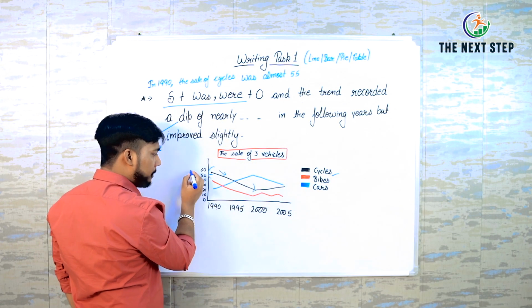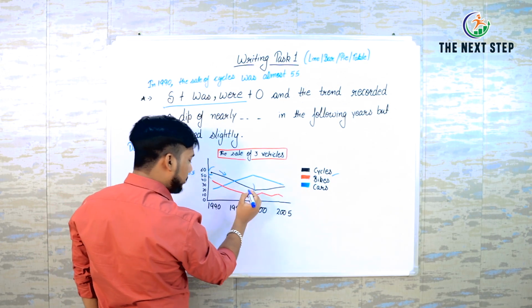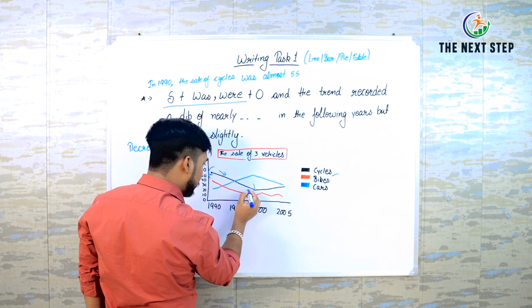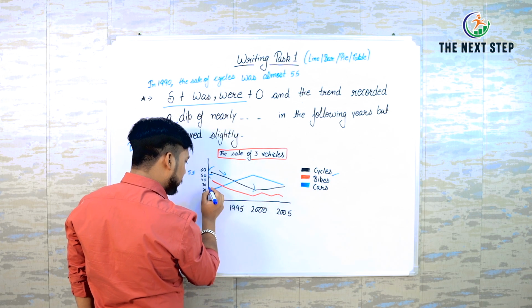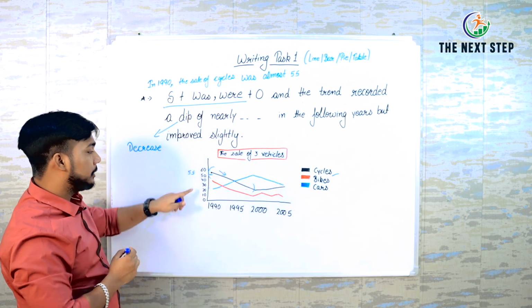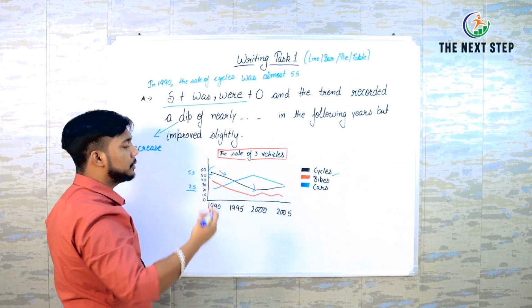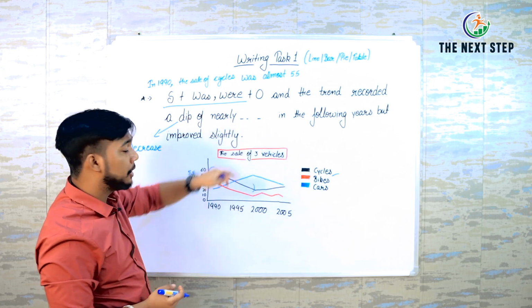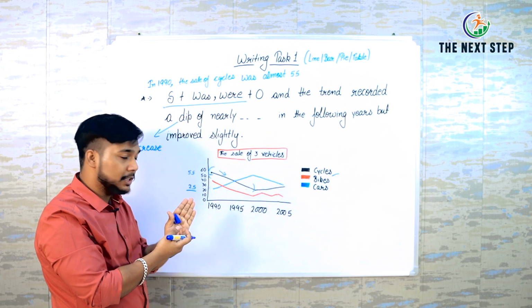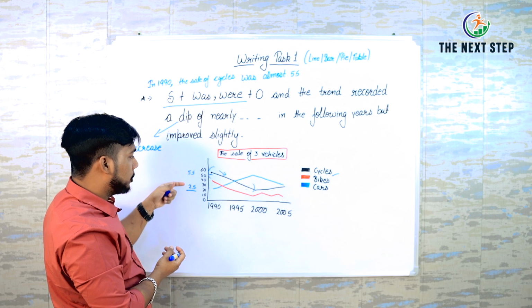As you can see, there is a decrease, a dip of nearly. Now it was 55 here, and if we see here, it's almost 25. So we do not write here 25, we have to see the difference from here to here.